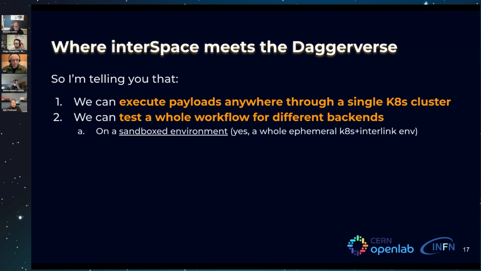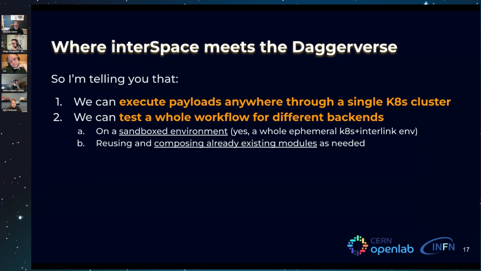We are going to see a pipeline that bootstraps an ephemeral Kubernetes equipped with interLink that is going to talk to a supercomputer, a EuroHPC supercomputer, Vega. For time reasons, we are not going to wait and see everything, but Matteo will show the details of the implementation. And we can reuse at this point the very same modules for different backends, just changing the last mile of the implementation. That is really the killer feature for us at the moment.